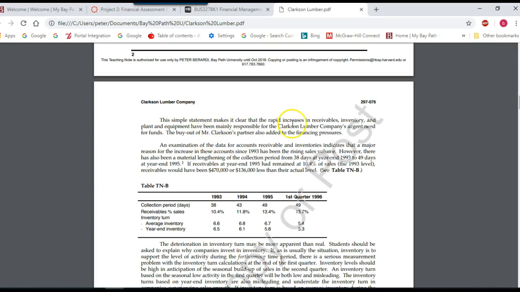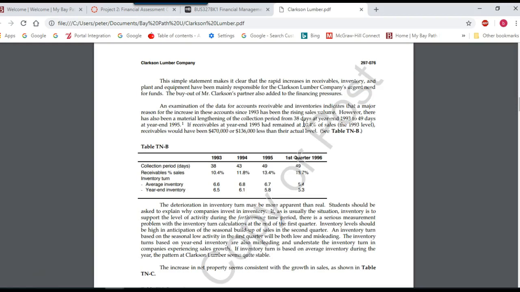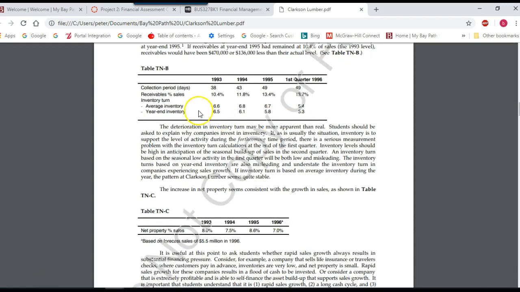The statement makes it clear that rapid increases in receivables, inventory, plant, and equipment have been responsible for the working capital issue. Here's a nice table that shows why the receivables are going up, that we're not collecting. Notice our collection period days are increasing. We went from 38 to 49 in Q1 of 96.